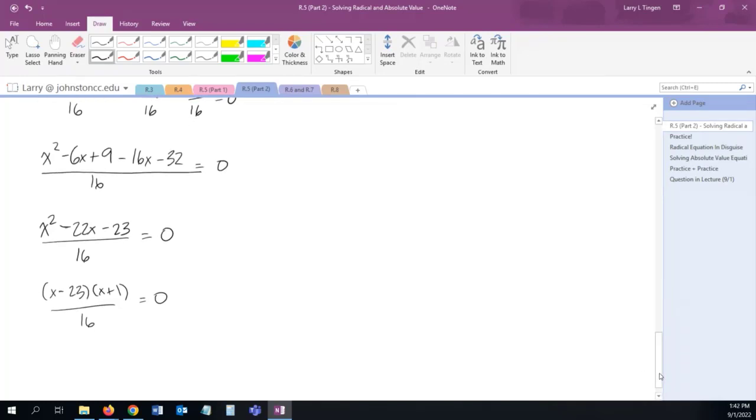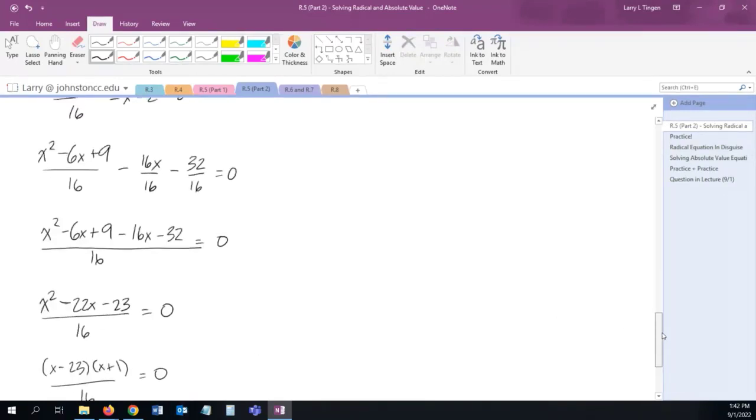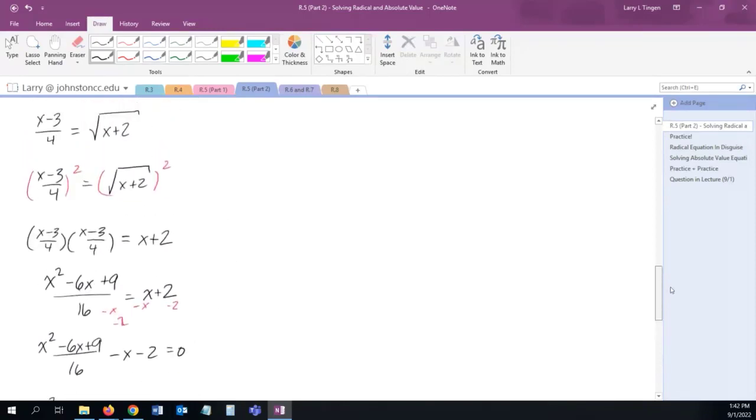Either get rid of the fraction by multiplying both sides by 16, or, if you have a rational expression equal to 0, the only thing that can make it 0 is the numerator. So you end up with x minus 23 times x plus 1 equals 0, and you know how to go from there.